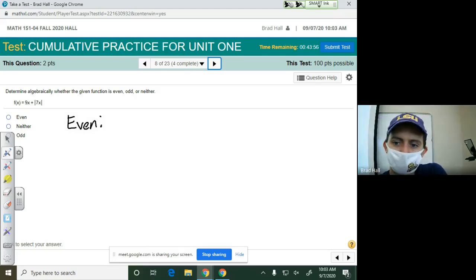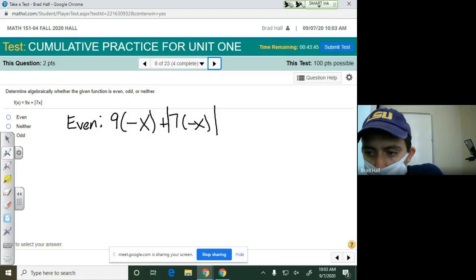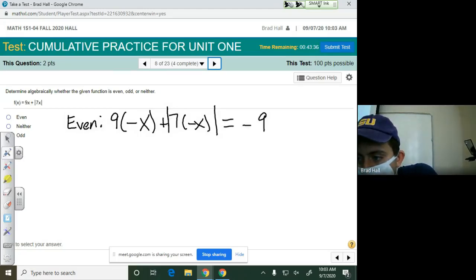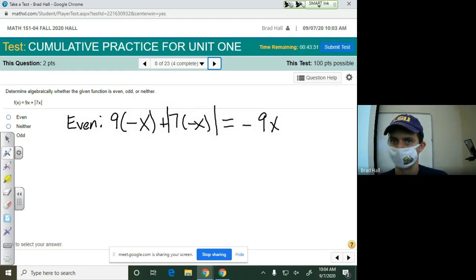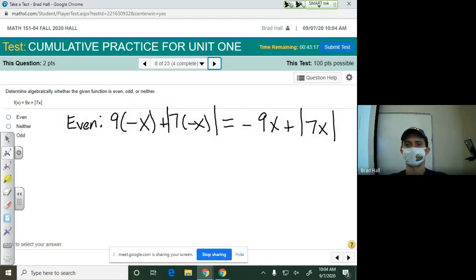So remember, for even, you exchange every x with a negative x, and you work out the problem. So 9 times negative x is negative 9x. And since there's a negative within the absolute value bars, by that mere virtue of coexisting, the negative sign pretty much gets booted.